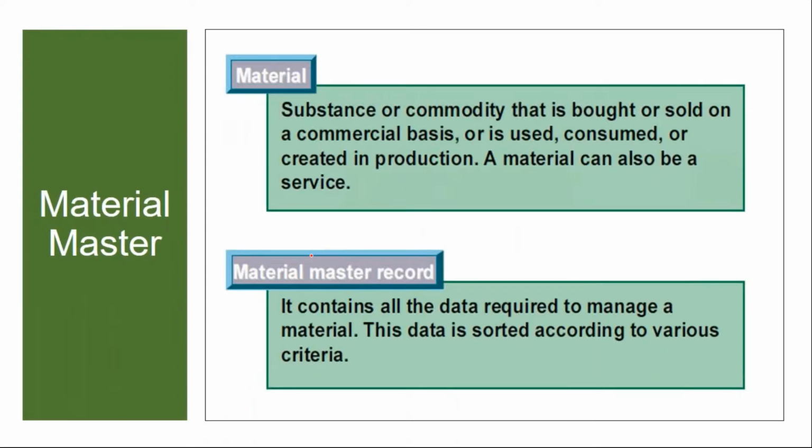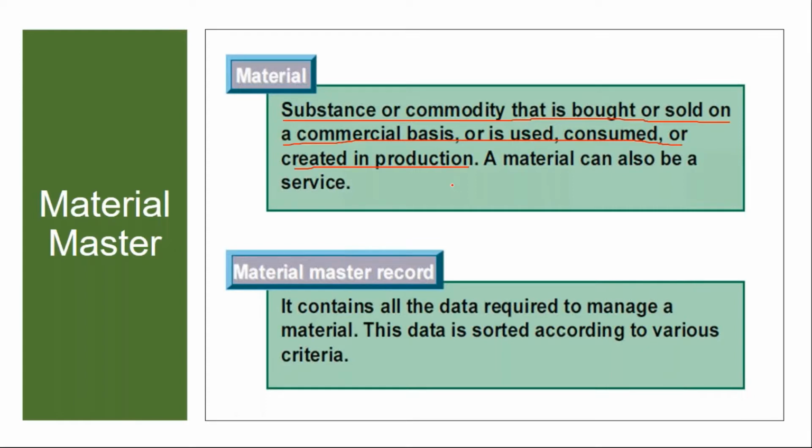So what is a material? A material can be anything in the system. In the SAP system, a material can be anything, substance or commodity that is bought or sold on a commercial basis or is used, consumed or created in a production. It can be a raw material which is purchased and consumed in production.